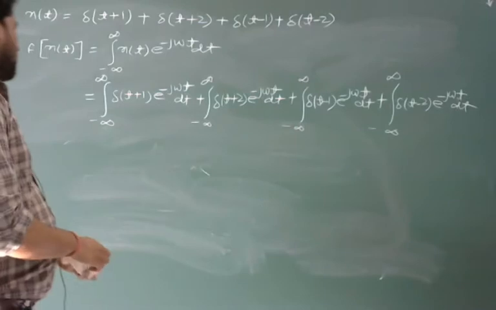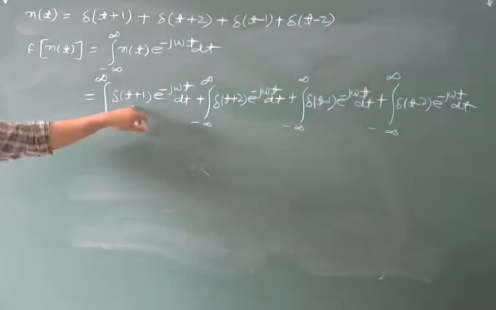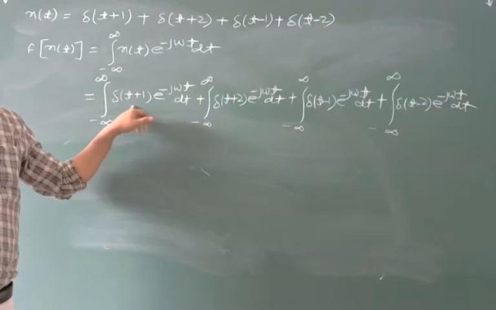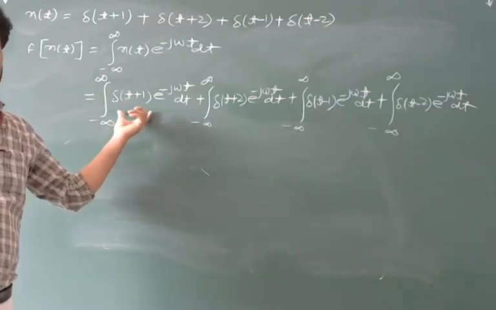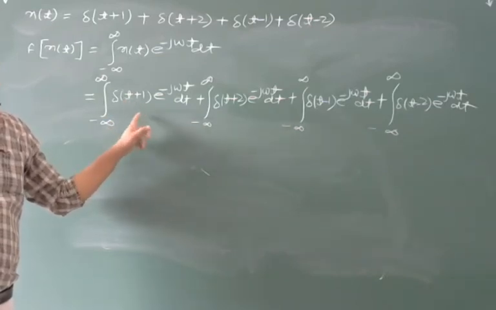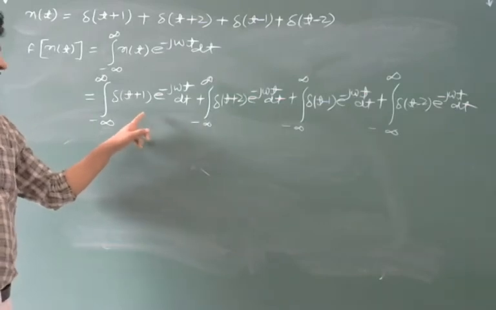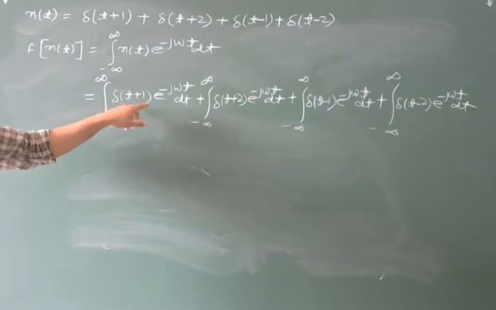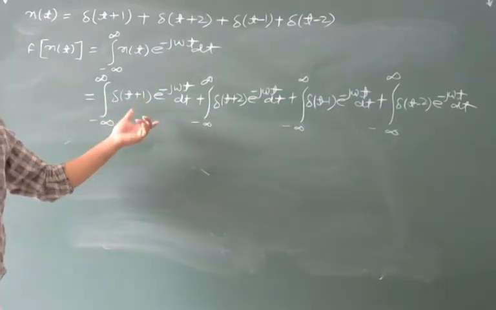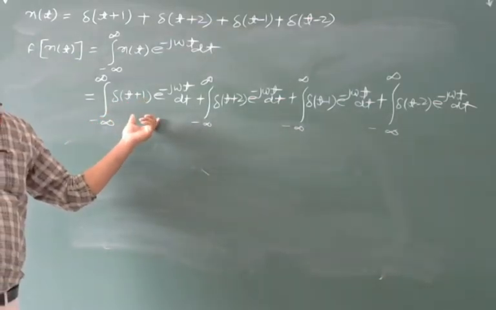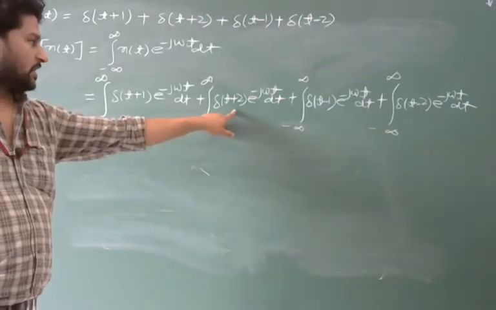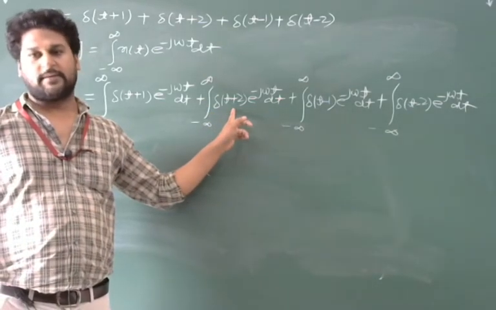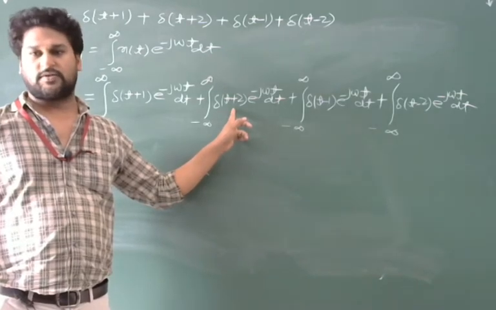Now as we know, this function δ(t+1) has its area equal to 1 at t equal to minus 1, meaning δ(t+1) will be 0 for all the values of t except t equal to minus 1. This δ(t+2) will become 0 for all the values of t except at t equal to minus 2.